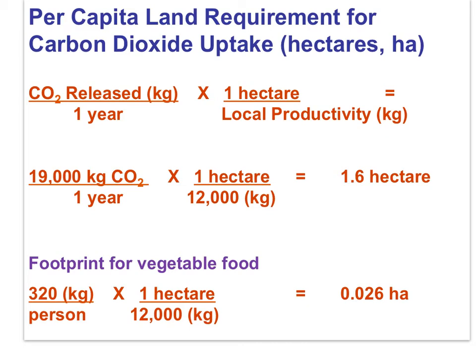The footprint for carbon dioxide uptake is 1.6 hectares for the average North American. Now, this is very large, and so it is. When we work through ecological footprints in class, the footprint for carbon dioxide is invariably the largest component.